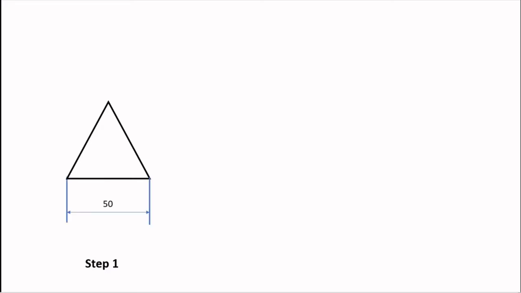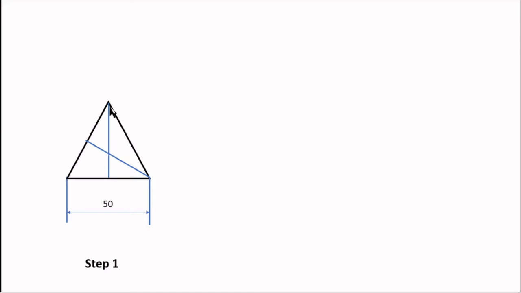First, we draw the reference figure, that is an equilateral triangle of side 50 mm, and we find the intersection of medians, which are lines which bisect the opposite side into two equal parts. If I take the center point of this side and join it with the opposite corner, I get this median.